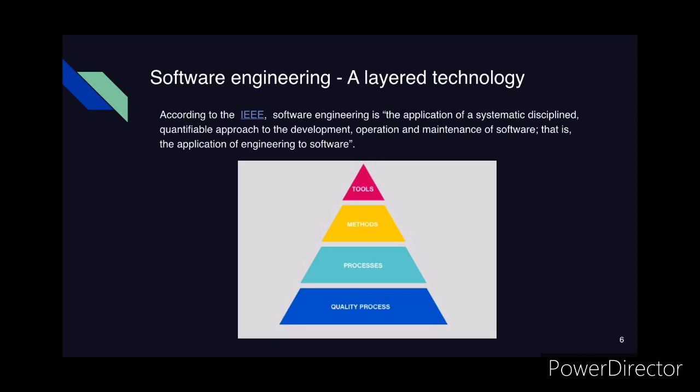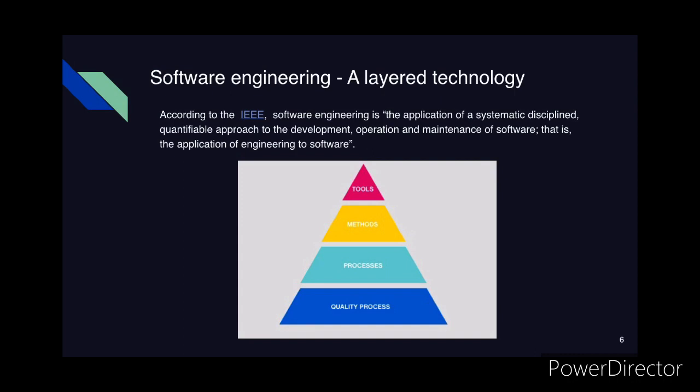Software engineering teams are required to analyze user needs and then go on to design, implement, and test their end product, the software which they have developed, to make sure it satisfies those needs through the use of programming language. As you can see in the diagram, there are different layers of software engineering.